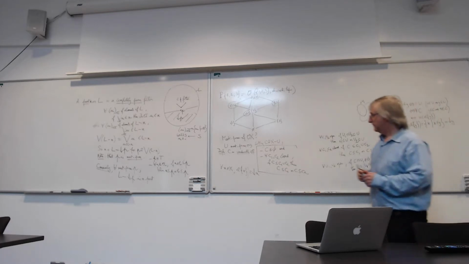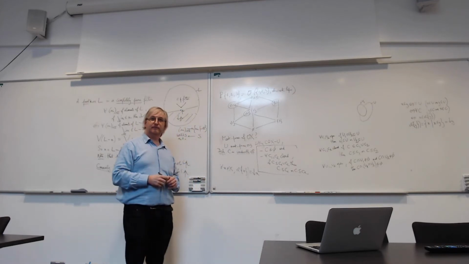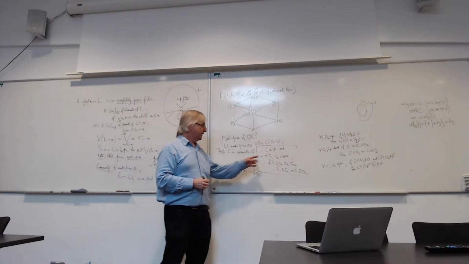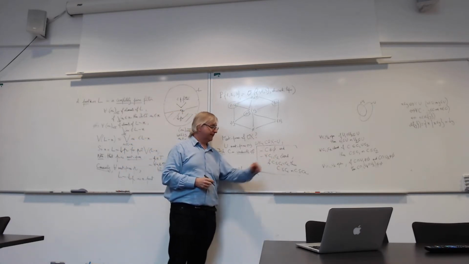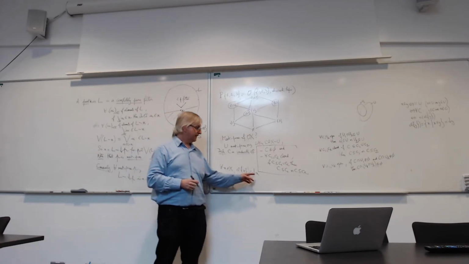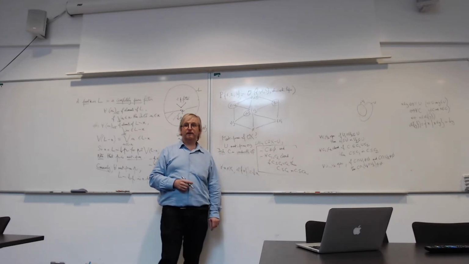I claim that this is always an irreducible closed set. It's non-empty, right? And if it's included in the union of two closed sets, C1 union C2, that means that x in particular is in that set. So x must be in C1 or C2.